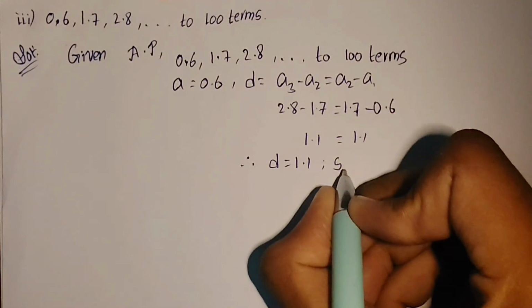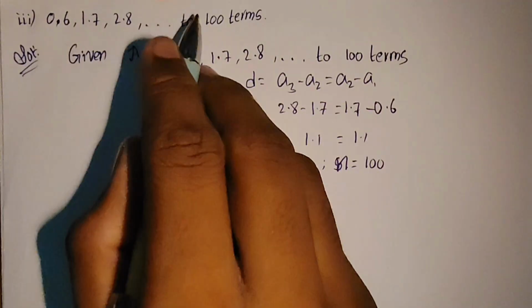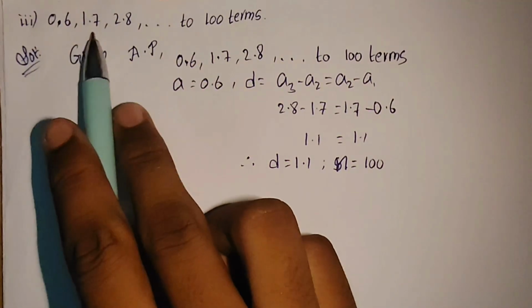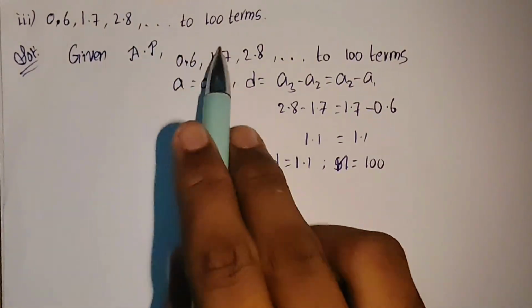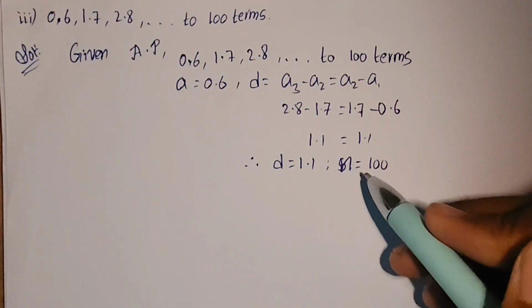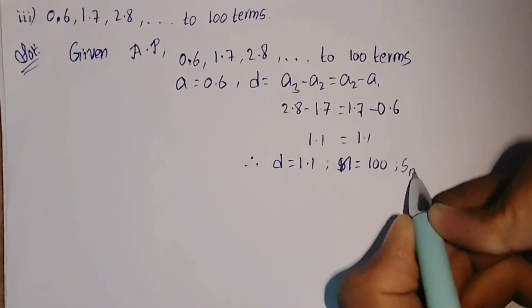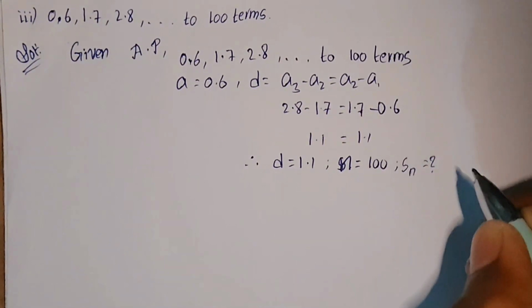After, N is equals to 100 because he said 0.6, 1.7, 2.8 and so on up to 100 terms, means the N terms. So N is equals to 100 and he asked you to find out the value of S base N. Understand?